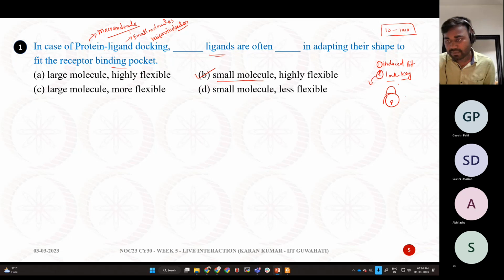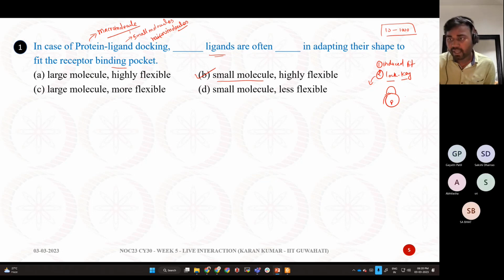Similarly, in enzyme substrate kinetics, the same thing was proposed: for every substrate there is a specific enzyme which can catalyze that reaction. So in the lock and key mechanism, both enzyme and substrate are rigid. However, this was not true.